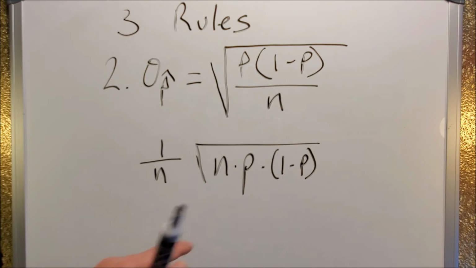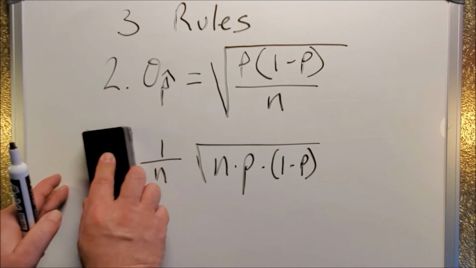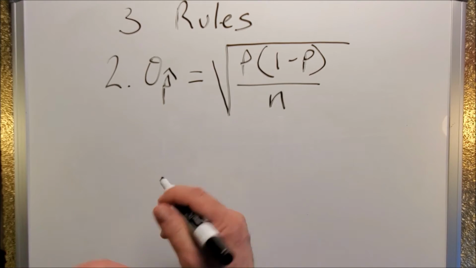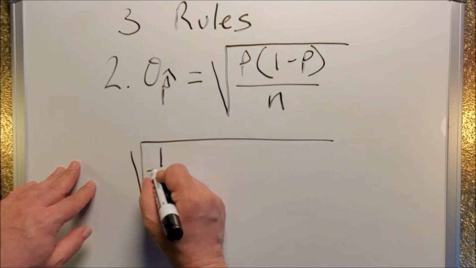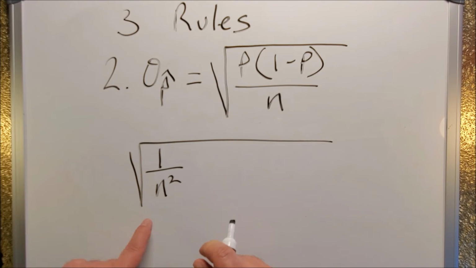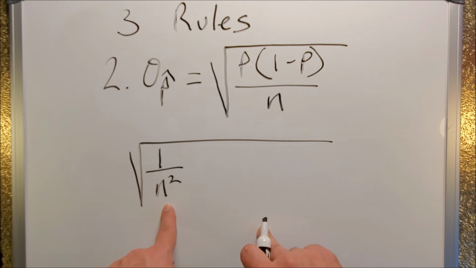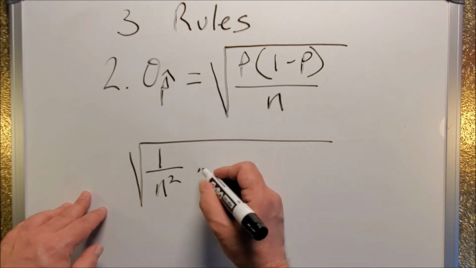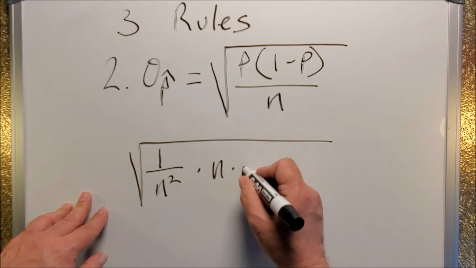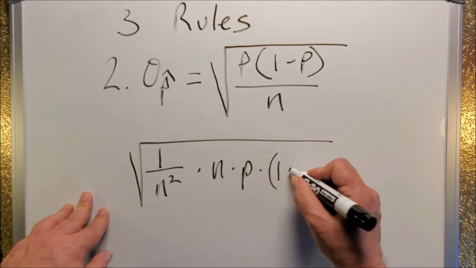We get radical 1 over n squared, aren't we? We had to move that inside, and for it to retain the same value, we squared it. It's 1 squared over n squared inside the radical, and that's still multiplying n times p times the complement of p.